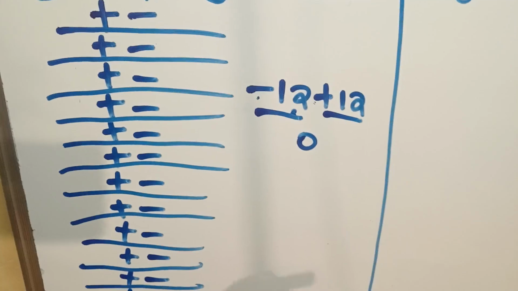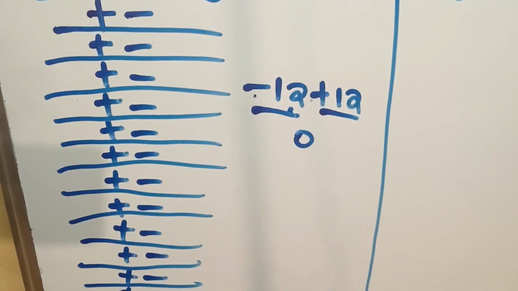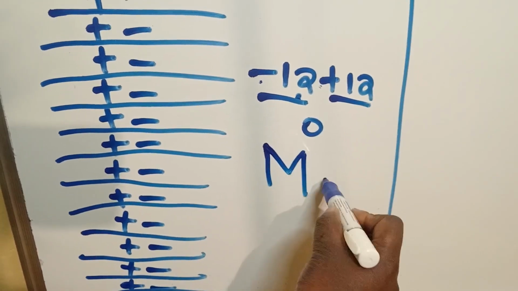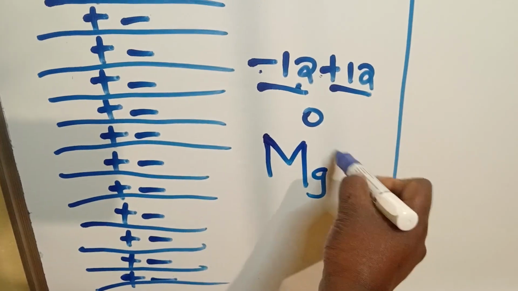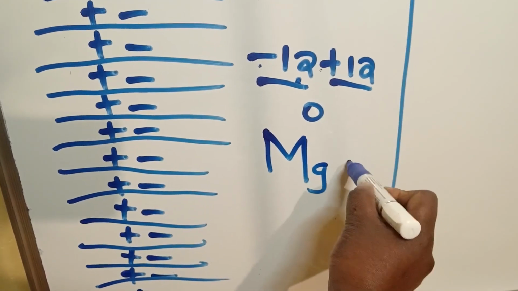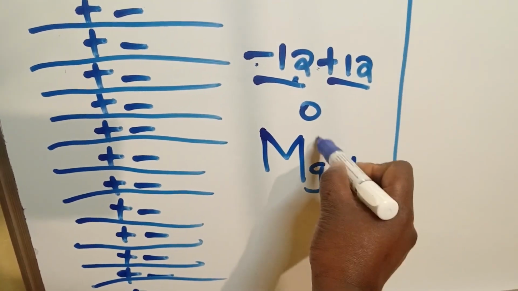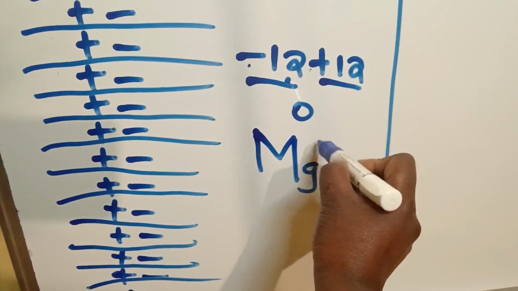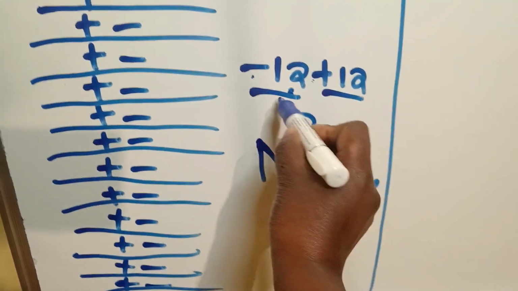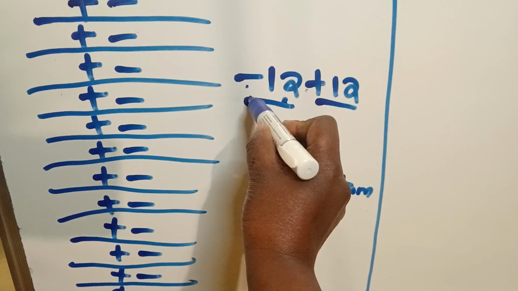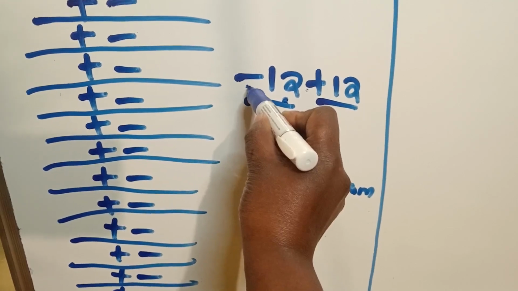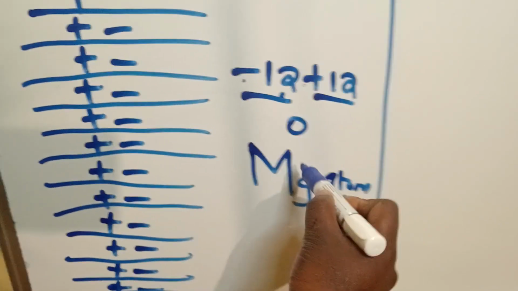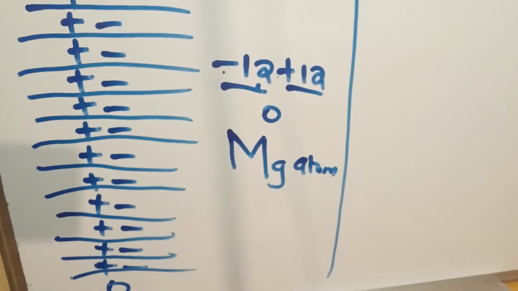If we were to write the symbol for magnesium, at the top we do not have any charge now that it is an atom, because the overall charge is 0. The 0 comes from adding the total number of electrons and protons. So that is the magnesium atom.